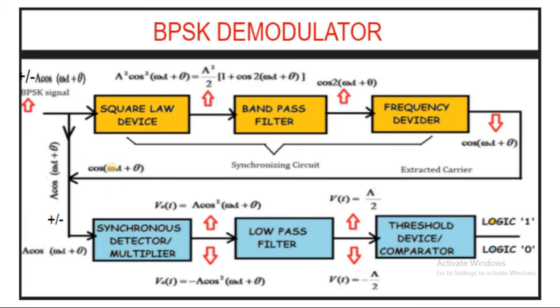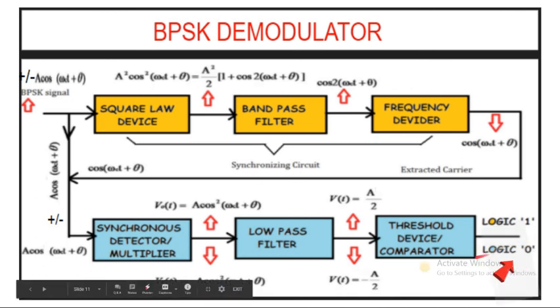The output of the synchronous detector is minus A cos square omega c t plus theta, which passes through the low pass filter and gives a DC term minus A by 2. This voltage is less than the threshold value 0. Thus, the output voltage of the threshold device is logic 0.